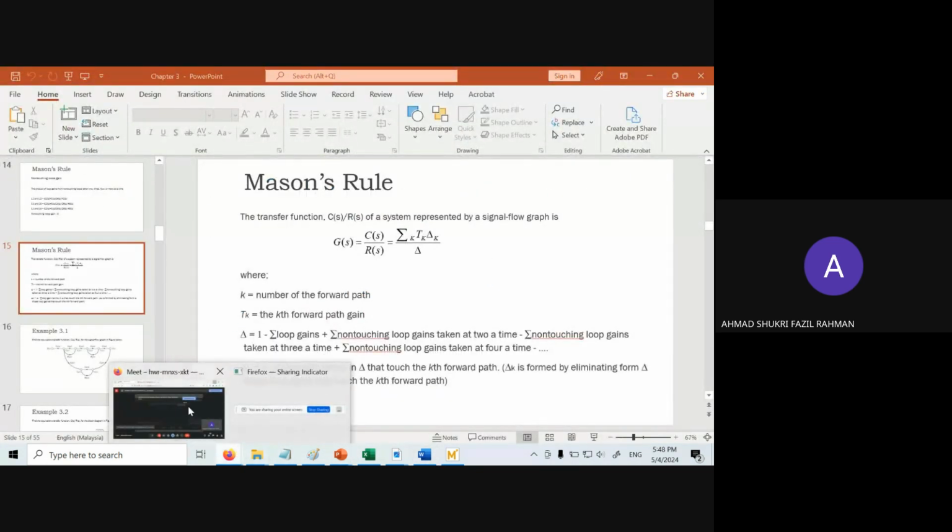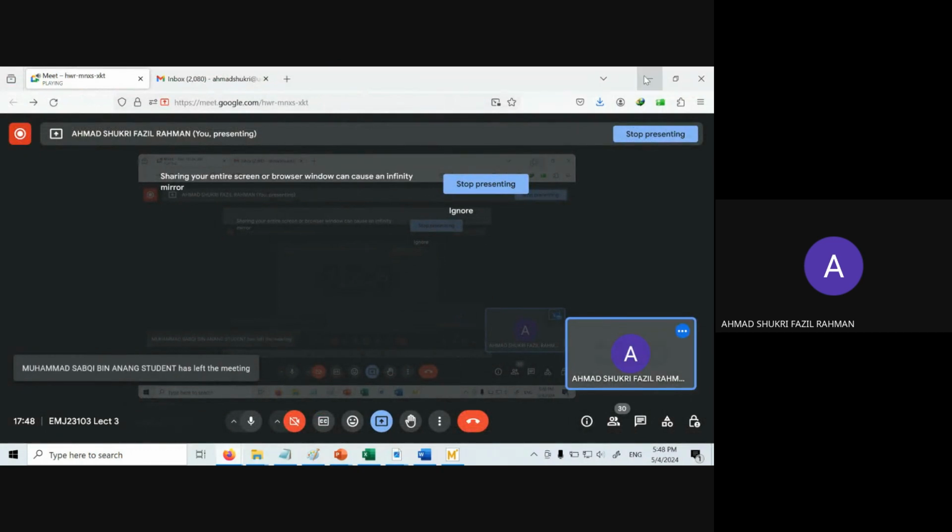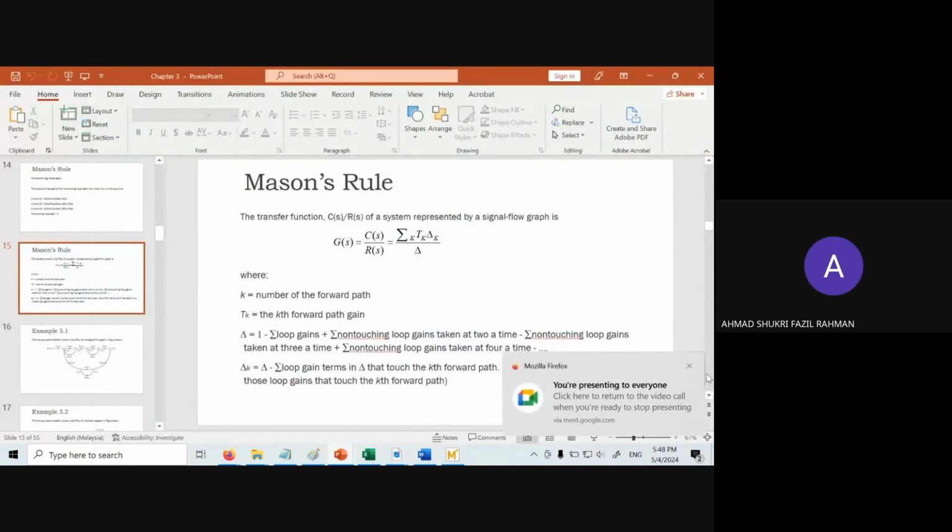Ada soalan lagi? Okay, tak ada soalan. Yang ni nanti bila kita balik, bila awak dah balik ni masa minggu kelima kalau tak silap saya. Okay, kita akan cuba buat latihan tengok. Okay, so sekarang ni saya nak awak faham dulu.